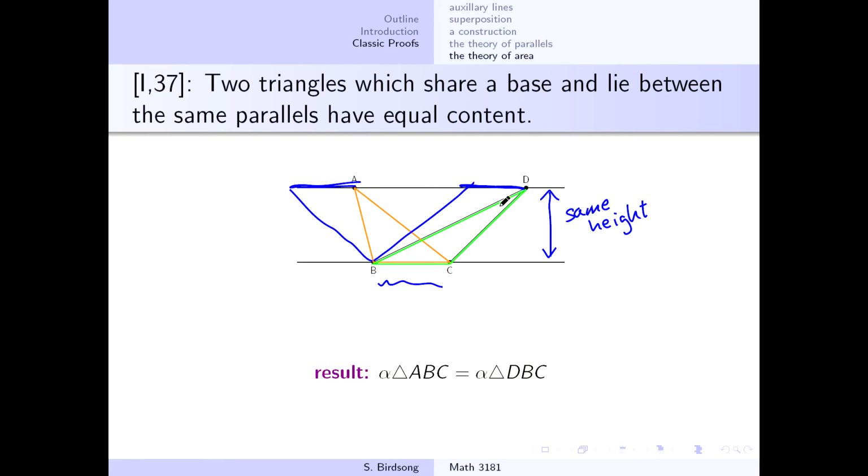You'll then get, because these two parallelograms are between the same two parallel lines, that the two parallelograms have the same area, and then the original line of the triangle right here actually cuts these parallelograms in half by proposition 34. If you have two parallelograms with the same area and you cut that area in half, the new halved area is still the same, so the areas of the triangles are the same. So this one is a really straightforward proof if you pull in that area of the parallelograms being the same that we just completed.